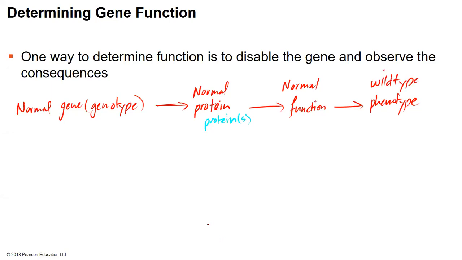So normal gene or wild type gene. We could, for example, determine the function of a protein by disabling it. Disable means تخريب.